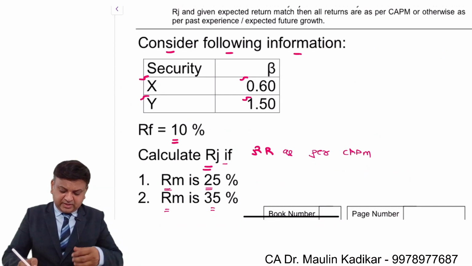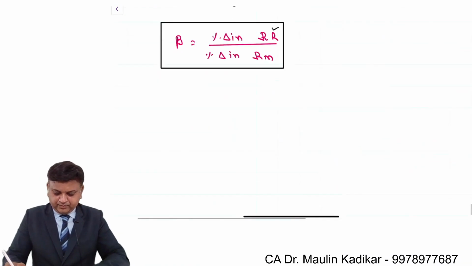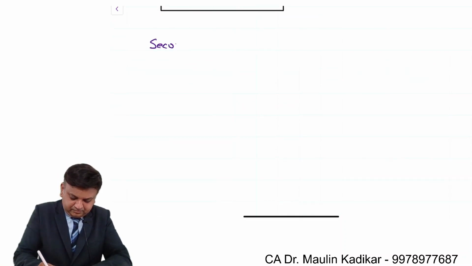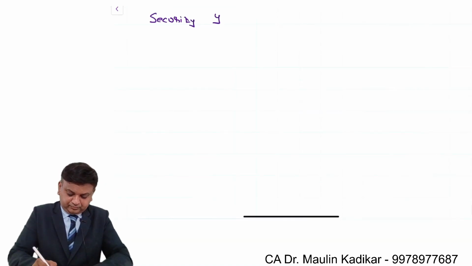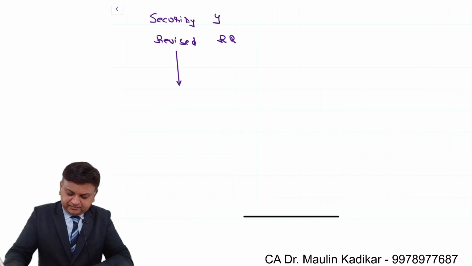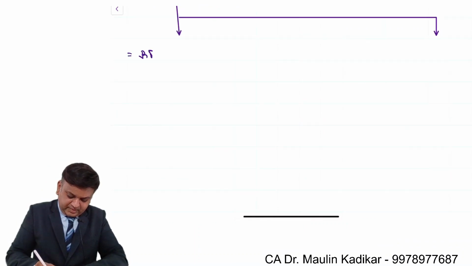Now similar working is required for security Y, which has beta 1.50. We need the revised required rate of return. There are two ways. The first is the usual way: RF plus beta into RM minus RF.